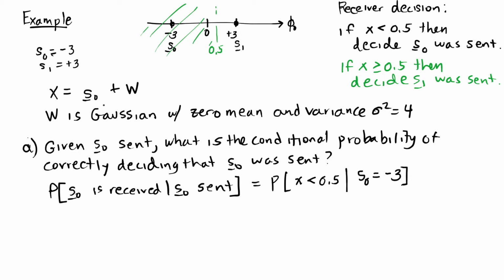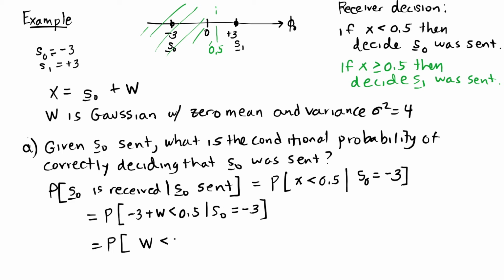We send a -3. And we know that X is equal to S0 plus some noise. So what this translates into is that X can be replaced with -3 plus W. Let me just solve for W on one side here. We've got W is less than 3.5.